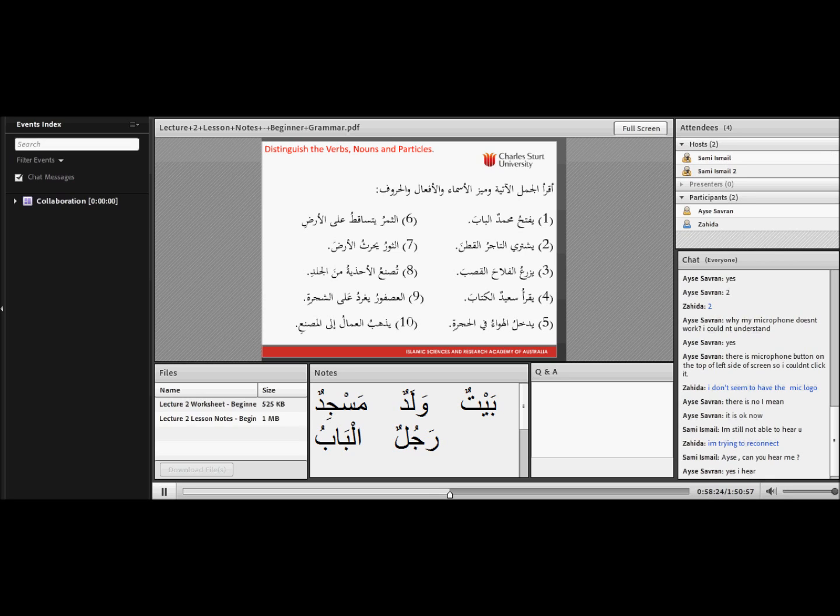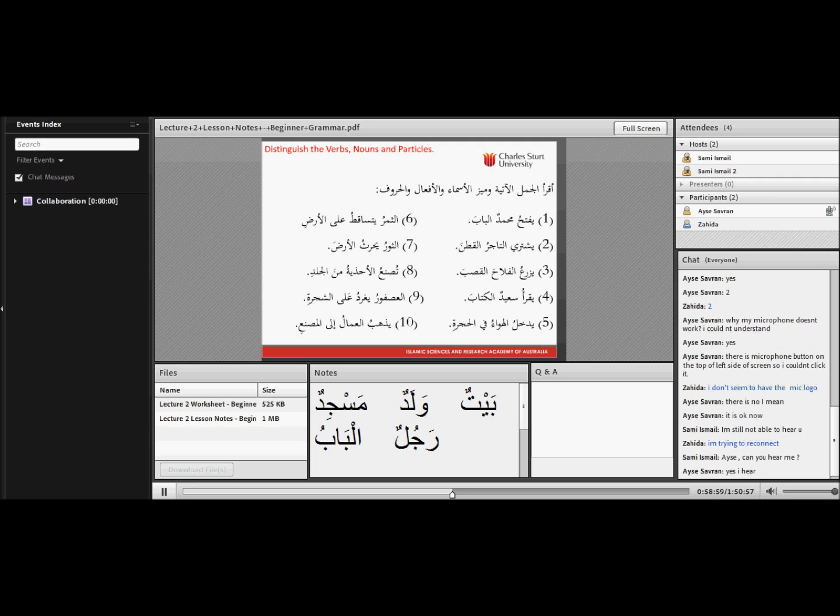Can you tell me which ones are the fi'l, or is there any fi'l, harf or ism? If you can just tell me for each of the words. يفتح فعل مضارع, محمد فاعل, الباب مفعول به. Alright, good. We haven't got to that yet. If you can just tell me, are they ism or harf or fi'l?